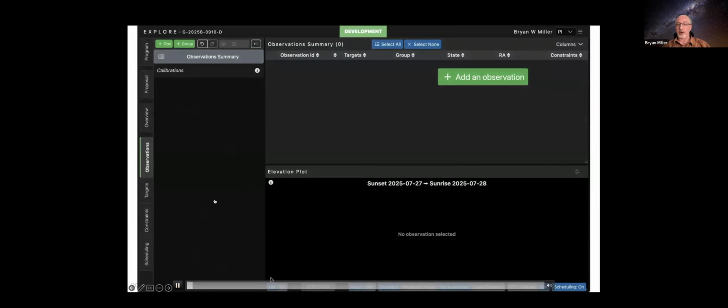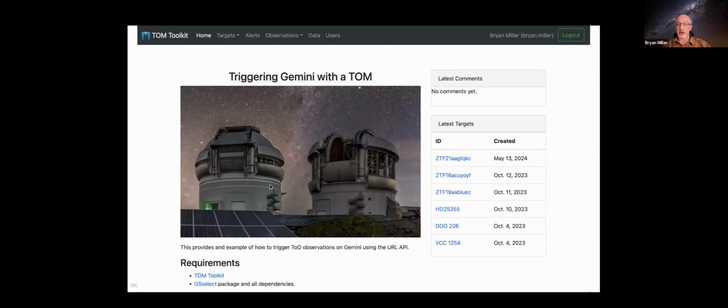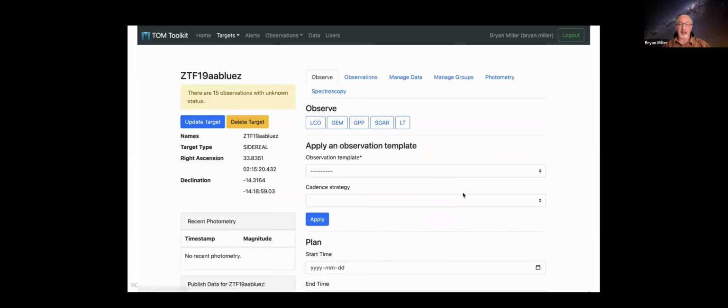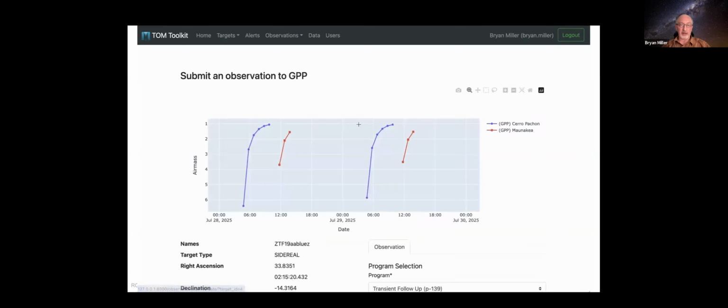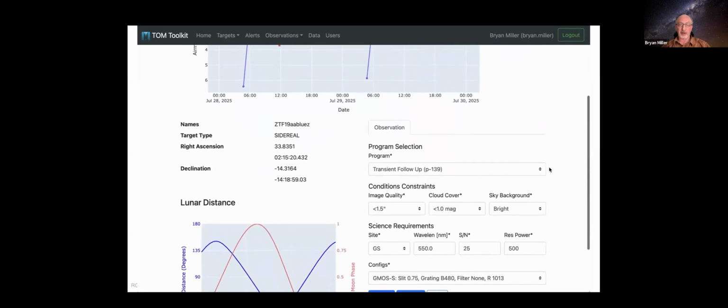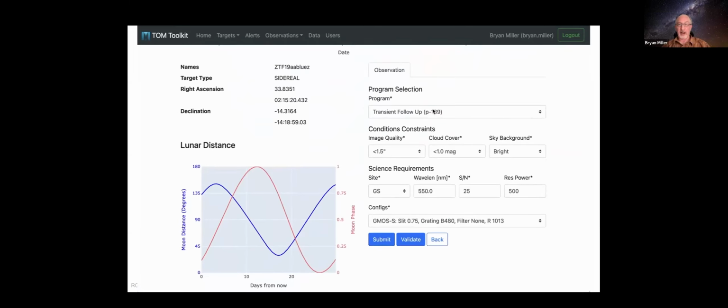So start off with Explore. This is an empty program, no observations there. I'm going to jump into my TOM, which is not as nice as GOATS, but it'll hopefully do the job. I'm going to select a ZTF object that I've downloaded from ANTARES. I checked that it's visible from Gemini South, so I'm going to try to trigger on it. I pick my program that I have access to.